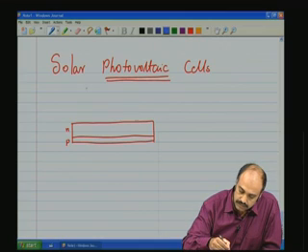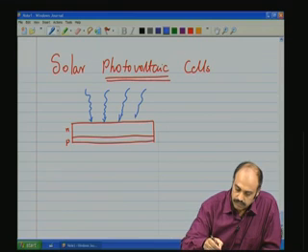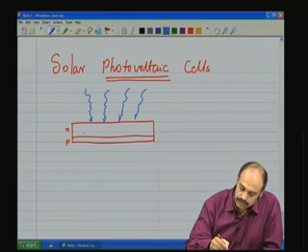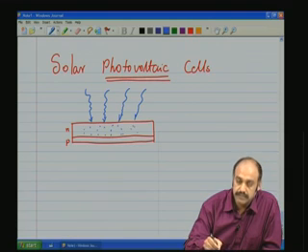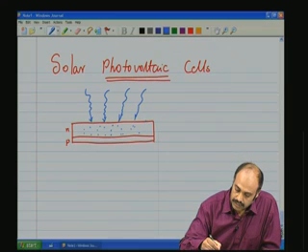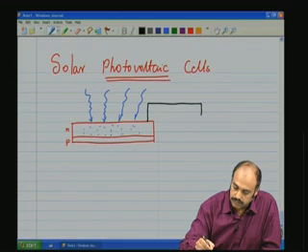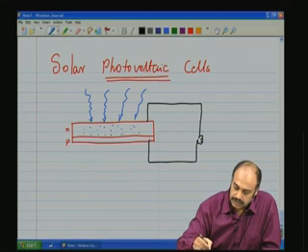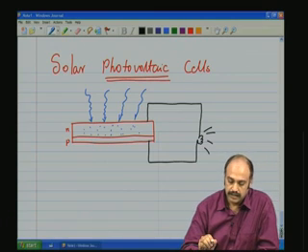So when sunlight falls on such a material, the valence electrons are excited and they move into the conduction band, and these conduction band electrons move in the external circuit and complete the circuit, and if there is a load like a light or a lamp, that will get lighted up.